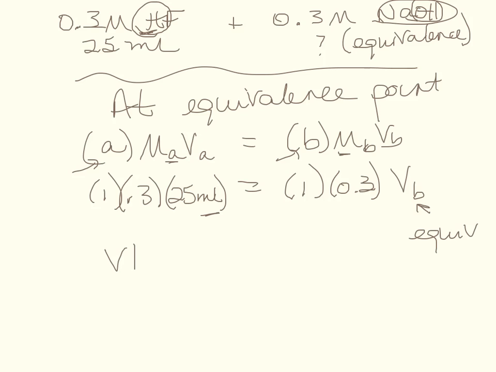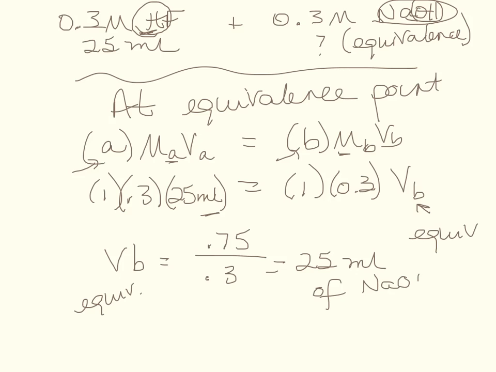So if you rearrange this equation, the volume at the equivalence point of base will be 0.75 divided by 0.3, and that is 25 milliliters. So 25 milliliters of sodium hydroxide will be the equivalence point in this titration.